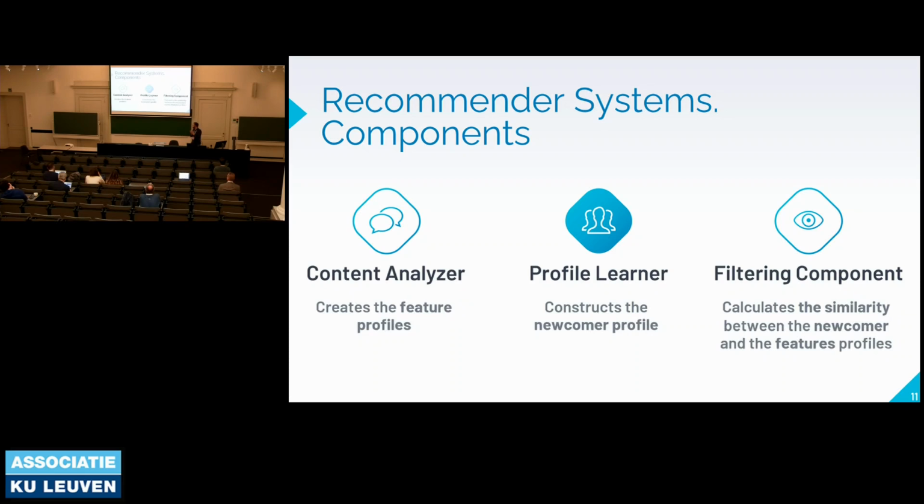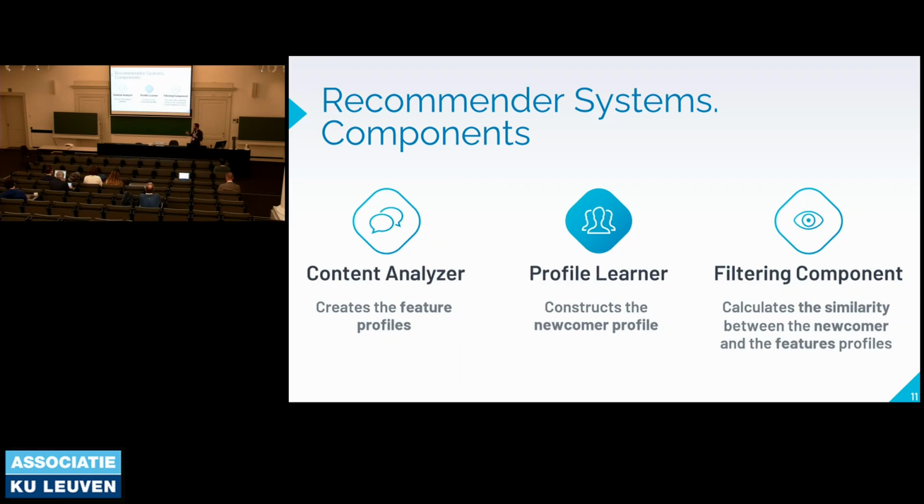So recommender systems comprise three main components: the content analyzer, the profile learner, and the filtering component. The content analyzer is in charge of building the profiles of the items that must be recommended. In our case, that will be the features of the software product lines.